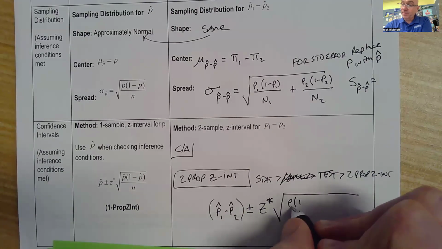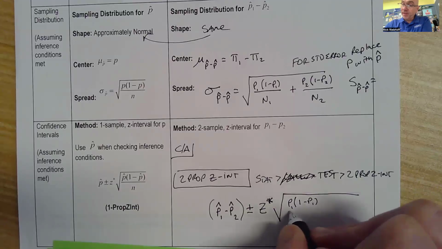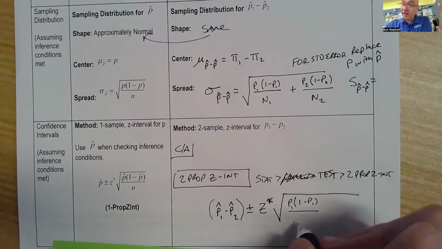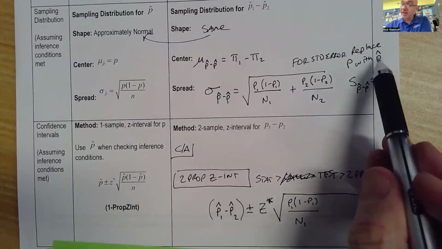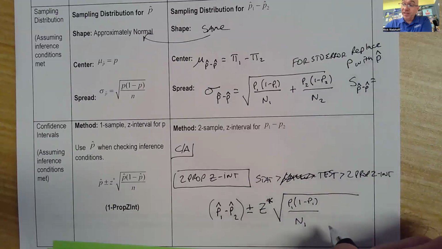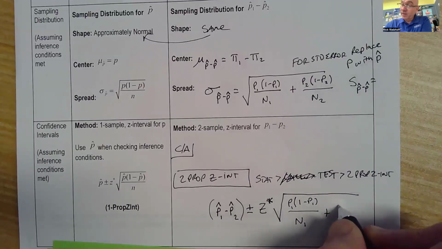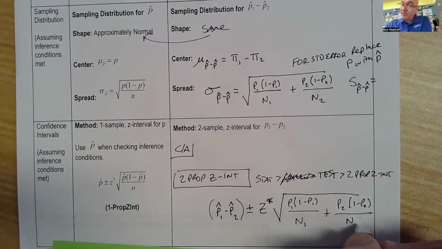Sometimes we're given the population proportion and then we use it, and that's fine. If we're not given the population proportion, we replace it with P hat, our sample proportion, and that's fine too. So we go with P2 times 1 minus P2 all over N2.